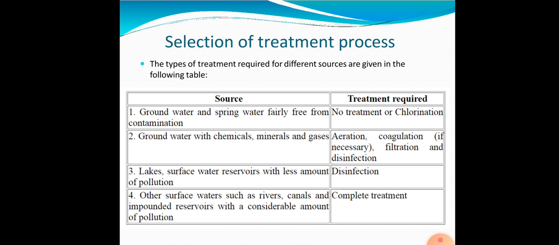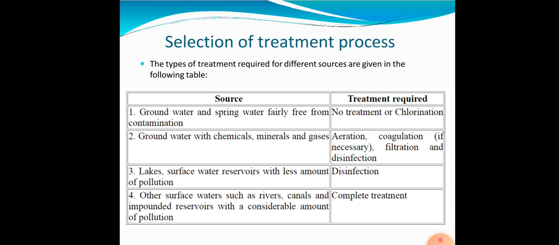So based on the source, we will be deciding what type of treatment is required. Now suppose it is groundwater with slight chemicals or minerals or any gases that are present, then in order to remove the gases, we can use the process of aeration. Then there are chemicals which can be removed by coagulation, and also filtration and even disinfection can be done.